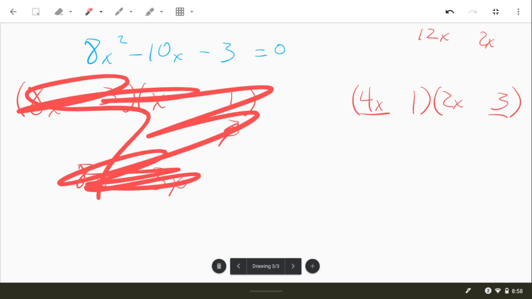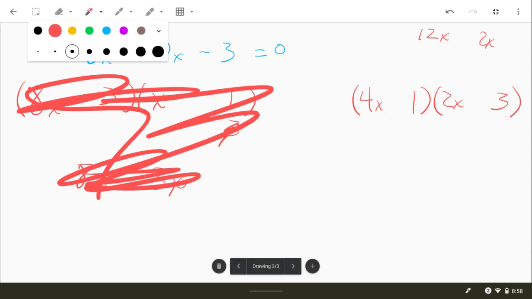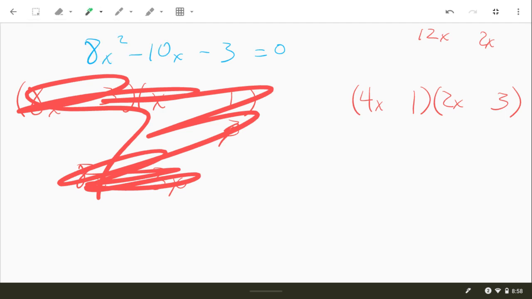All right, so let me change my color here. There we go. Let me try a plus and a minus here, just to show you that it's the wrong way. 4x and 3 would make a positive 12x.